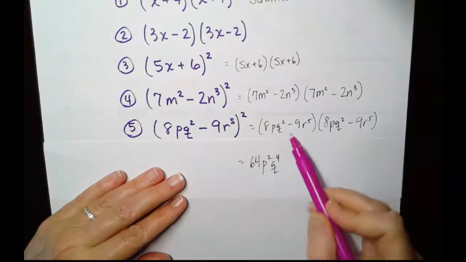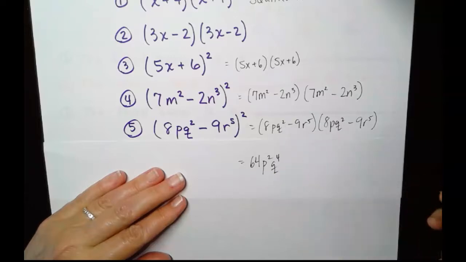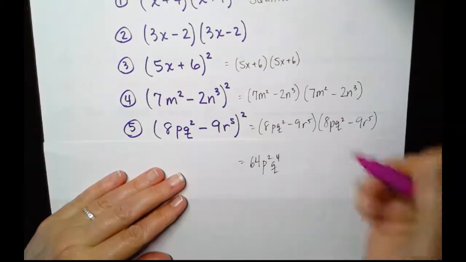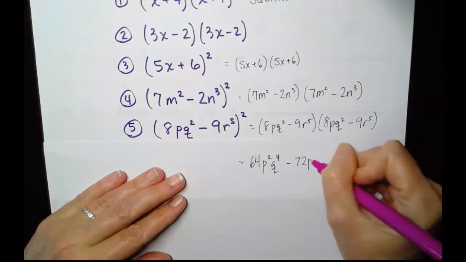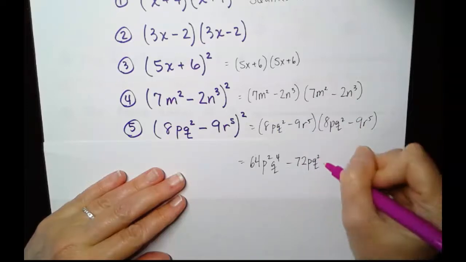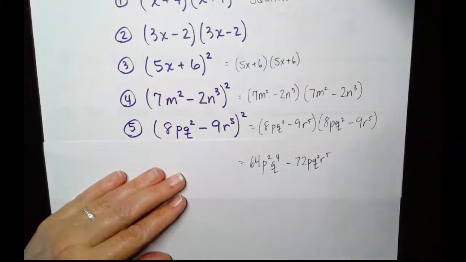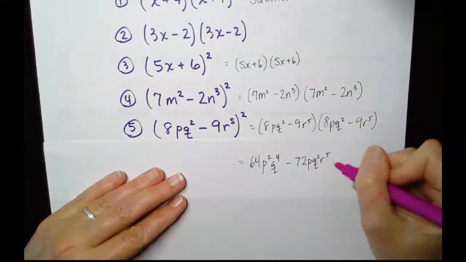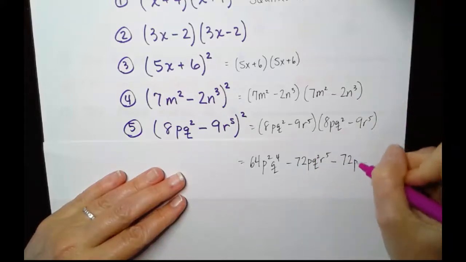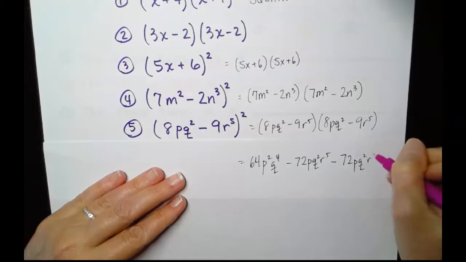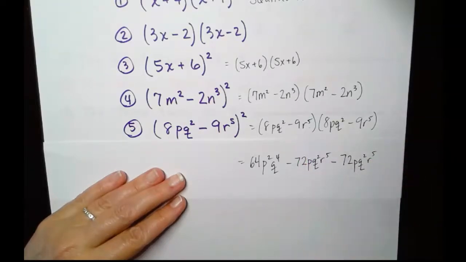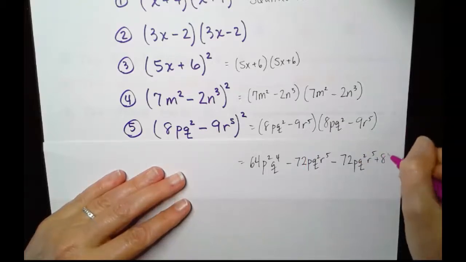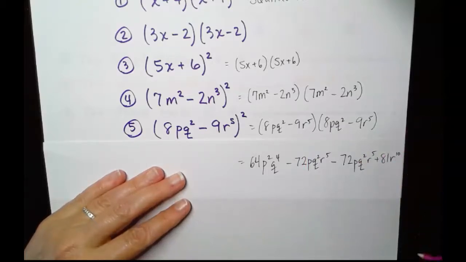P times p is p squared, q squared times q squared is q to the fourth. Outsides, 8 times 9, negative 72p q squared r to the fifth. And again, another one, negative 72p q squared r to the fifth. Then finally, negative 9r to the fifth times negative 9r to the fifth is plus 81r to the 10th.